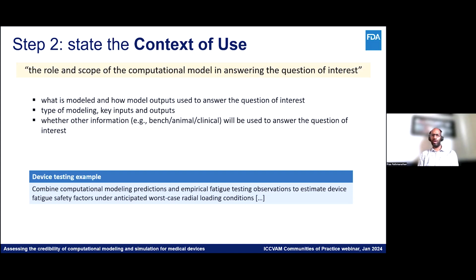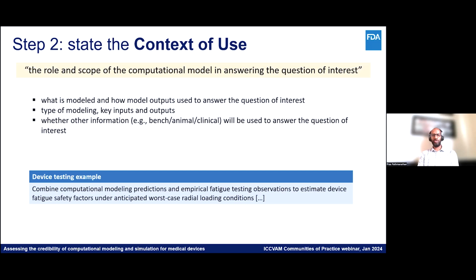And I should mention that for our center, when we say bench test, that's a broad term that includes in vitro testing. So an example here, continuing the previous example, is to combine computational modeling predictions and empirical fatigue testing observations to estimate device fatigue safety factors.